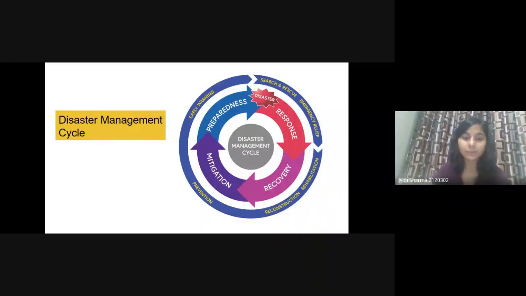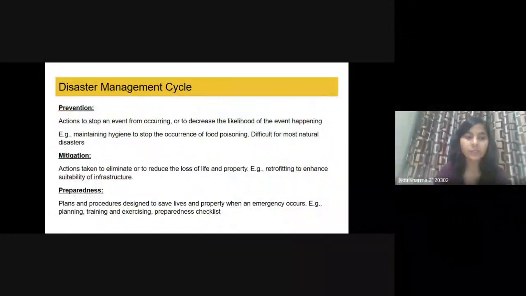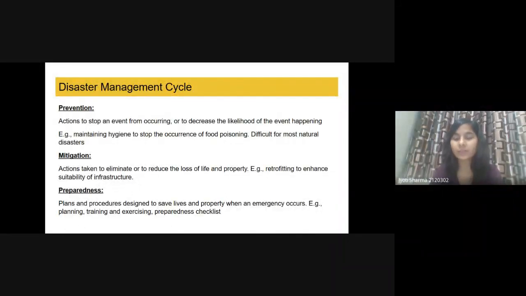Okay, so we have definitions of these terminologies. Prevention is action to stop an event from occurring. For example, you can stop food poisoning by maintaining hygienic conditions, but for natural disasters it is not that much possible. You can't prevent a natural disaster.